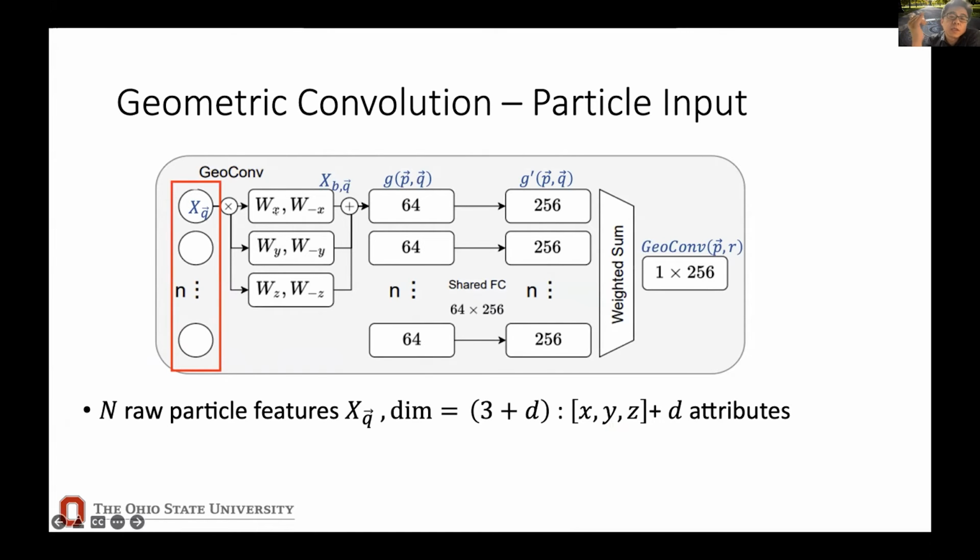We are talking about 3-dimensional space: there is an x direction and a minus x direction, then a y direction and a minus y direction, and a z direction and a minus z direction. So we train 6 different matrices to transform the 3 plus d vector of every particle into a 64-dimensional representation.